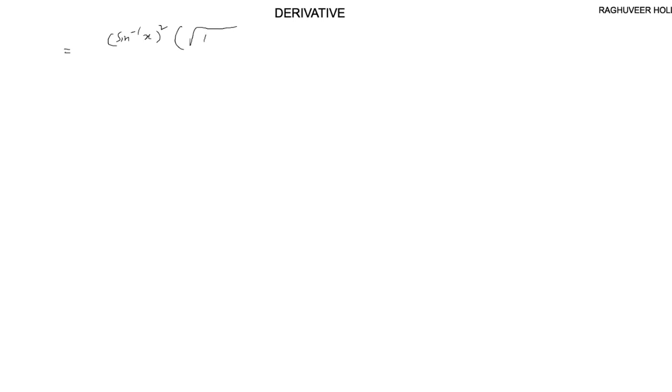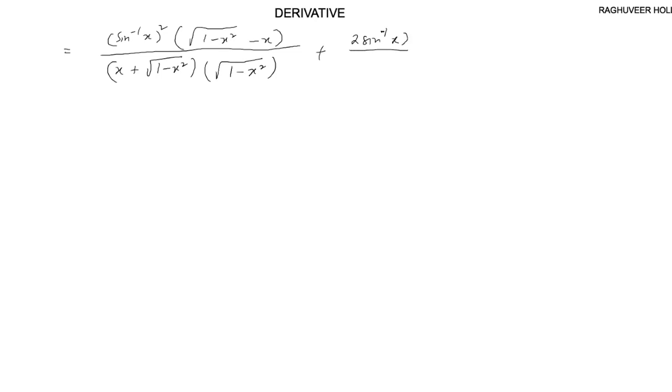which is equal to (sine inverse x) whole square and (square root of 1 minus x square minus x) divided by (x plus root 1 minus x square) and square root of 1 minus x square, plus 2 sine inverse x and log of (x plus root 1 minus x square) divided by square root of 1 minus x square.